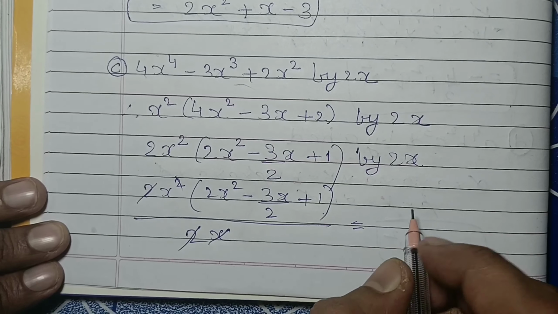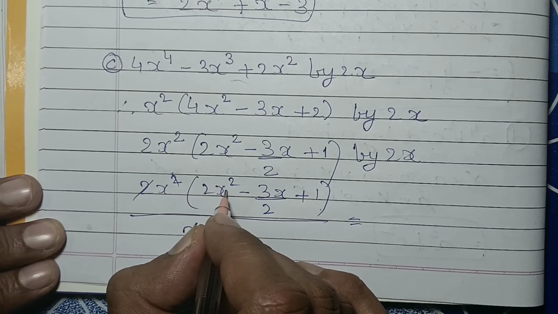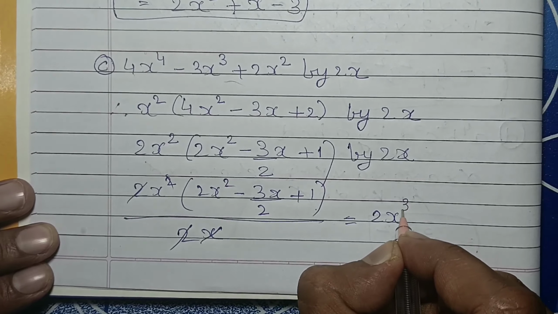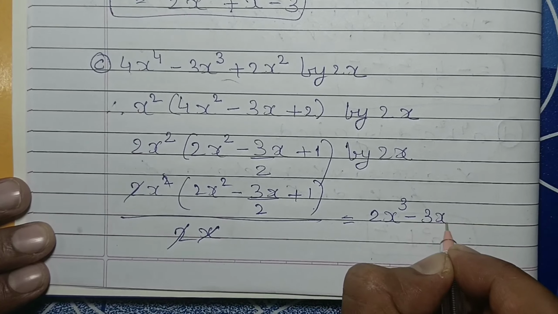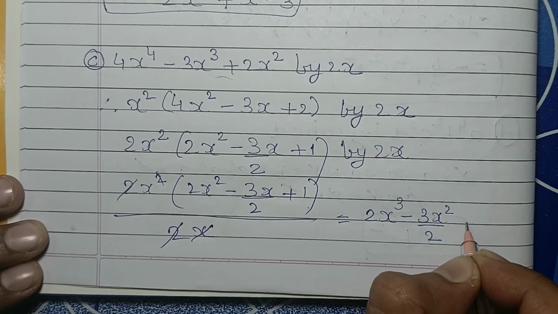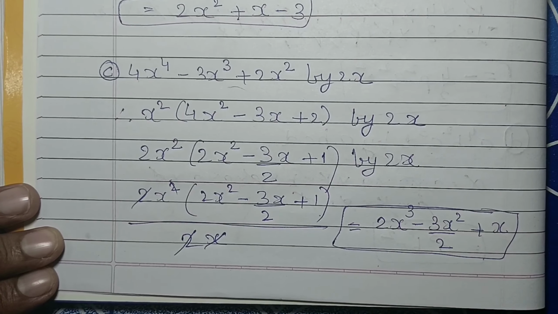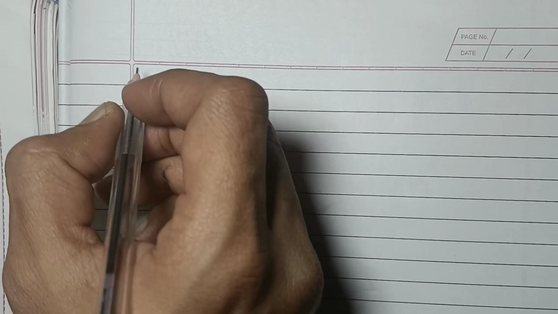So the answer will be, if I multiply x inside, we'll get 2x cube minus 3x square divided by 2 plus x. This is your answer for C question. Okay, so the next question is D question.